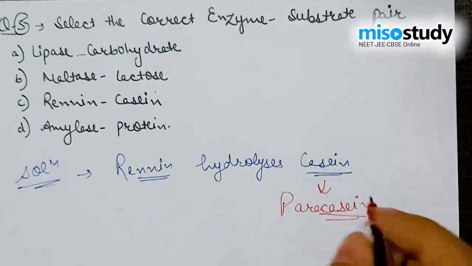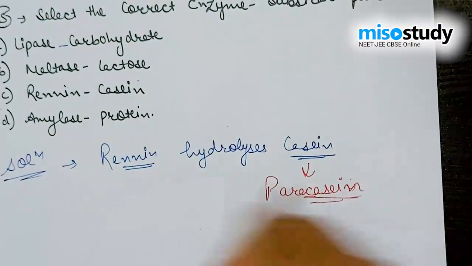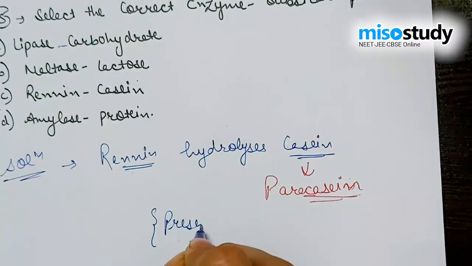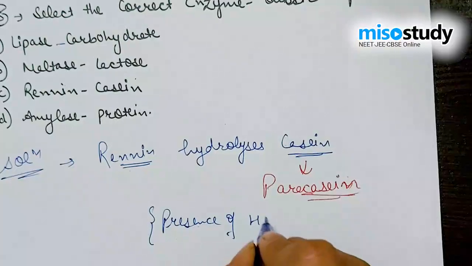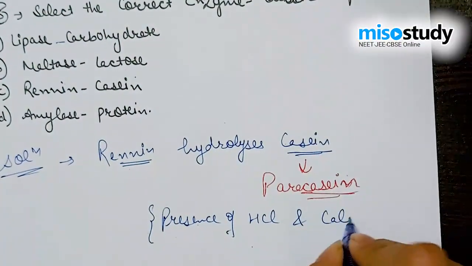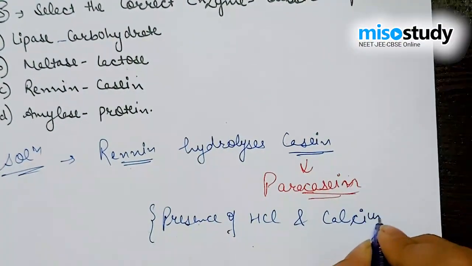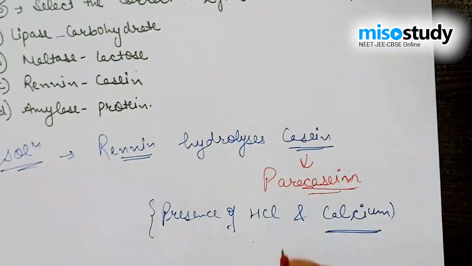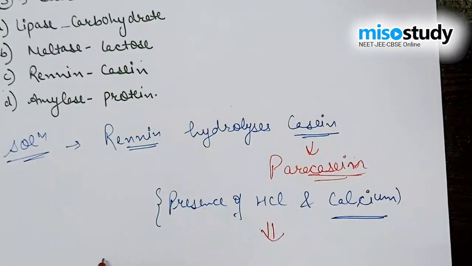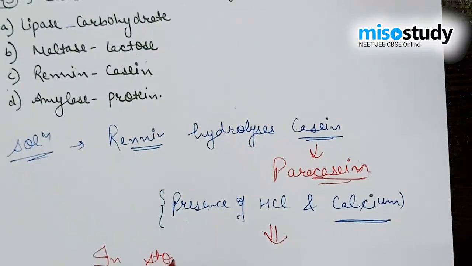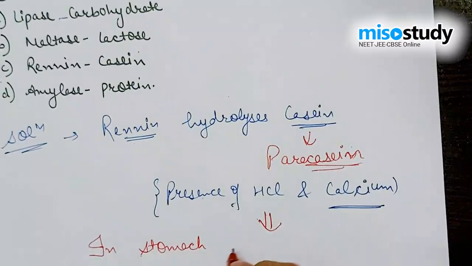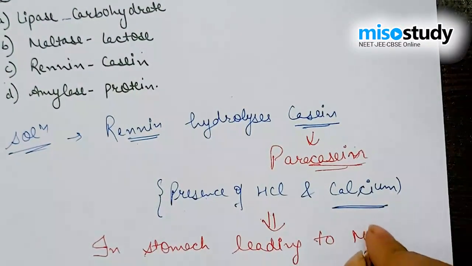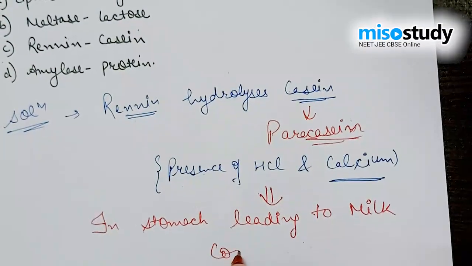paracasein, in the presence of HCl and calcium. These are present in the stomach, leading to milk coagulation.